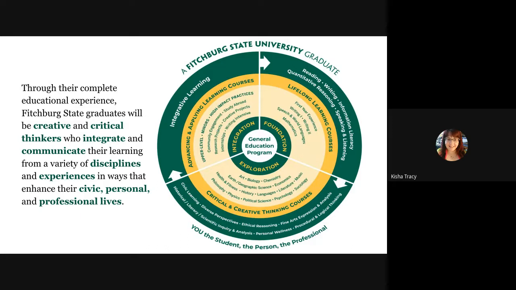The outer green is the why, what we hope they learn out of these courses. So hopefully this gives you a visual to share with your advisees and any other students you might want to talk about general education with.